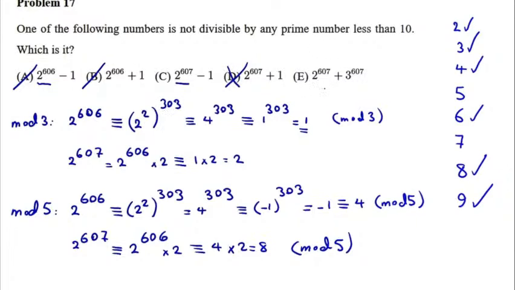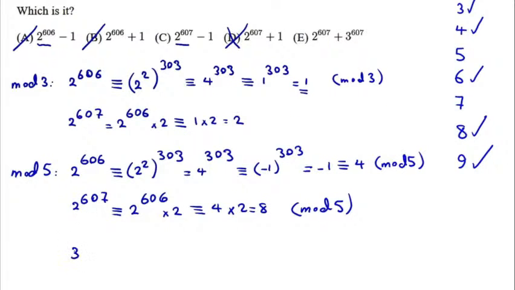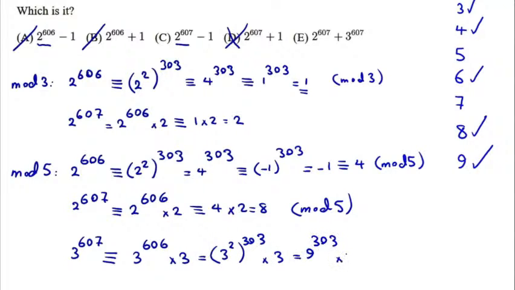But let's consider these parts. We know 2 to the power of 607. Let's calculate 3 to the power of 607 mod 5. It will be 3 to the power of 606 times 3. And it will be 3 squared to the power of 303 times 3. 3 squared is 9. It will be 9 to the power of 303 times 3.